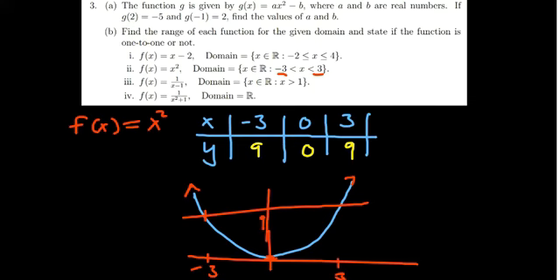Now, the fact that -3 and +3 were not actually part of the domain, because of just being less than without an equal sign, the range will be restricted from 0 all the way up to 9. 0 is part of the range, but 9 is not, because 3 and -3 are not part of the domain. So that shows that it is less than 9, but 9 itself is not part of the solution set.